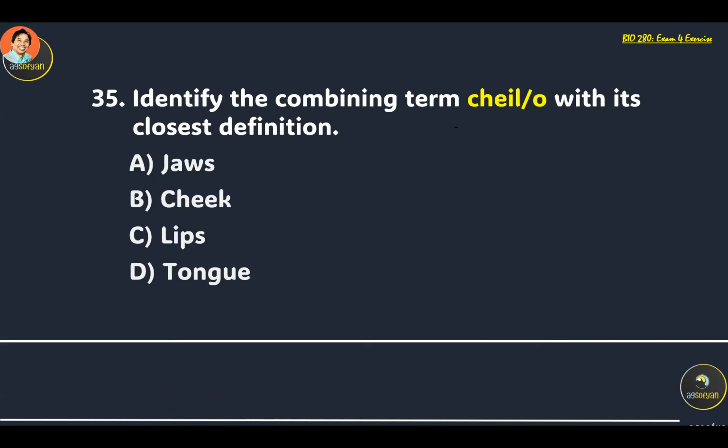Identify the combining term of cheilo with the closest definition. A, B, C, or D. So cheilo means lips. And this is the lips. Bucco, okay, bucco, this means your cheek.